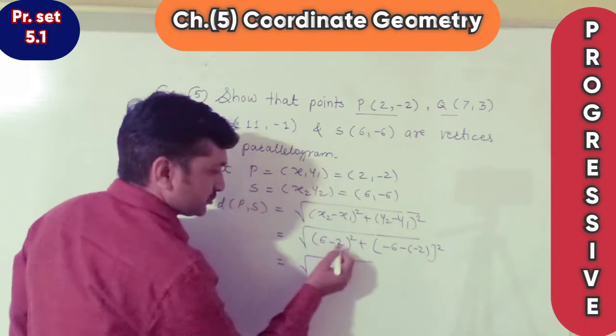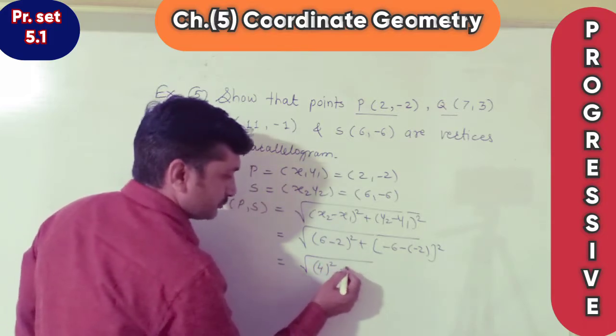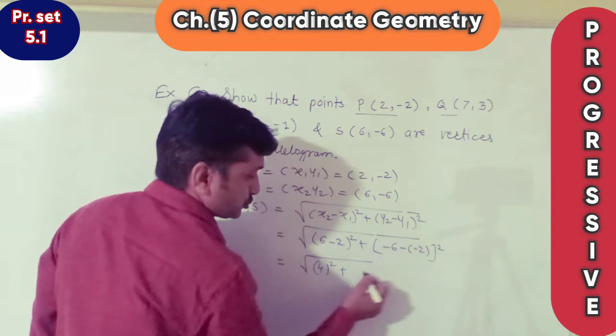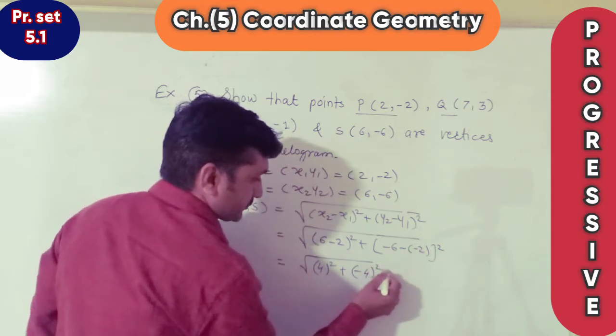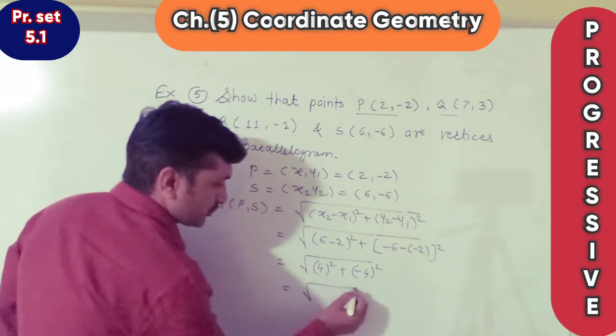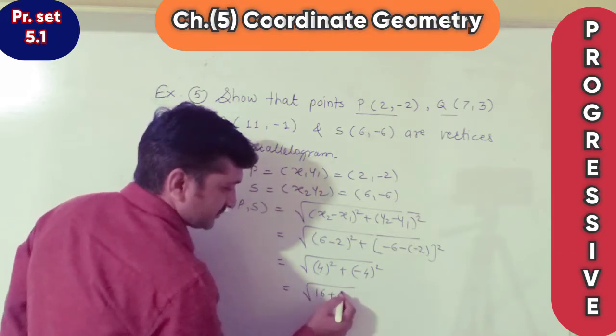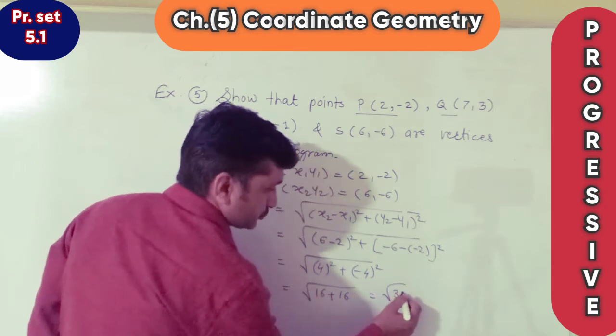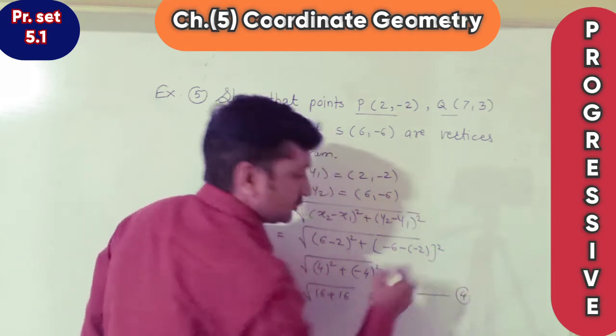Square root of (6 minus 2) squared plus (-6 minus (-2)) squared, that is (-6 plus 2, which is -4) squared. Square root of 16 plus 16 is equal to the square root of 32, number 4.